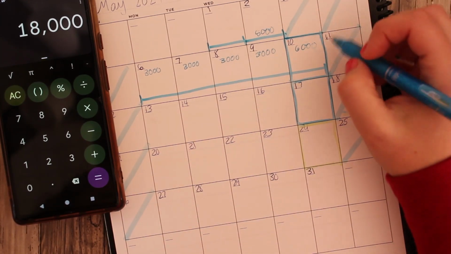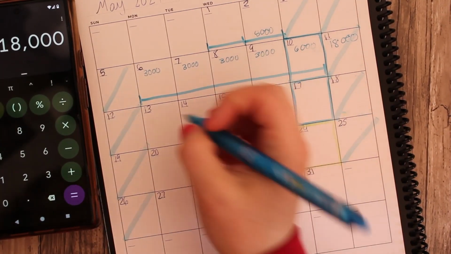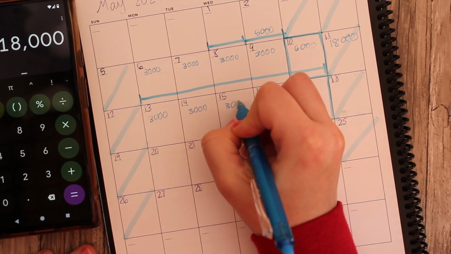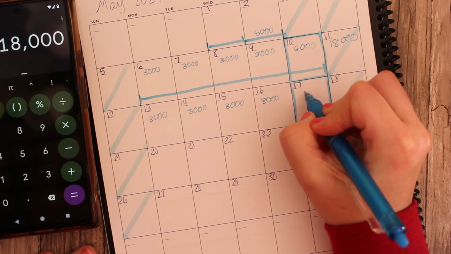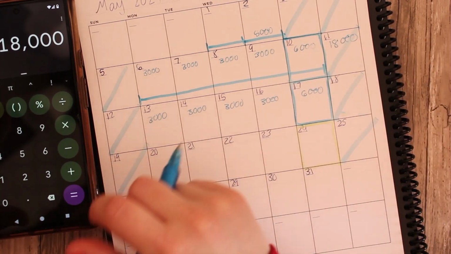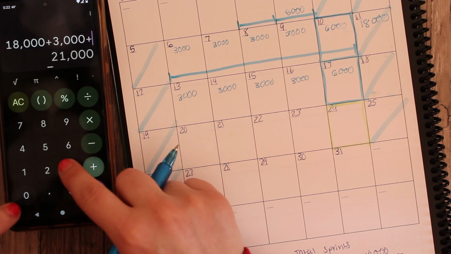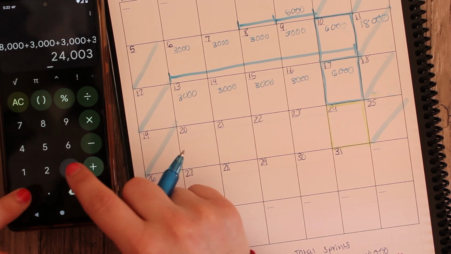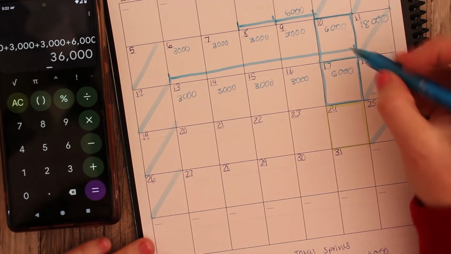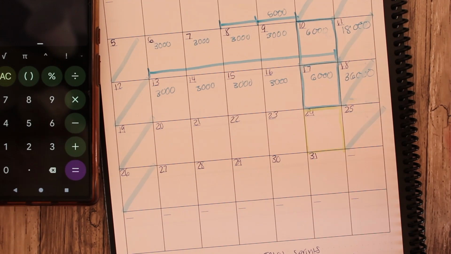That puts us by the end of the week at 18. And if we do the same thing, so we're at 18,000 plus 2,000. Okay, right, that puts us at 36,000 and we would complete the first draft.